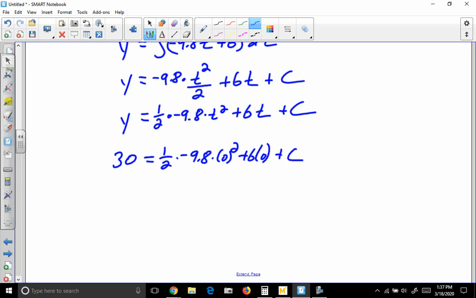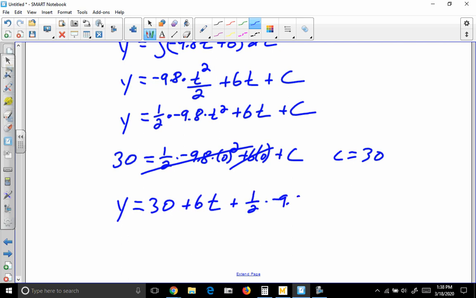So if t is 0, that's 0, and that's 0. So this c, which is a different c, is 30. So y is, let's call it 30 plus 6t plus 1/2 times negative 9.8 t squared.